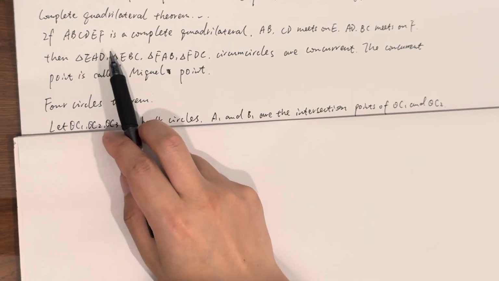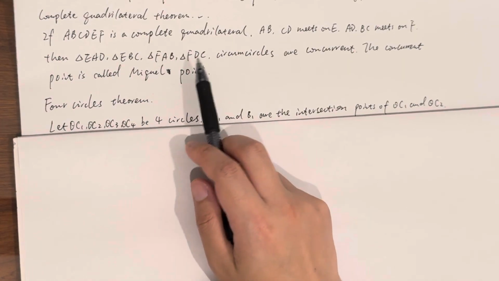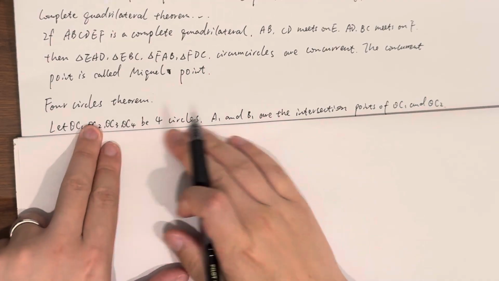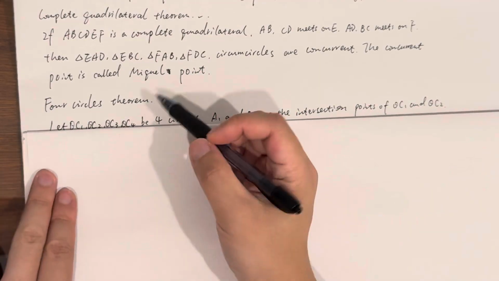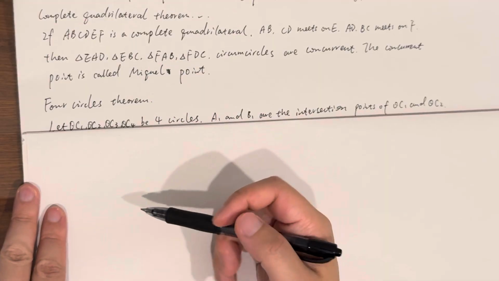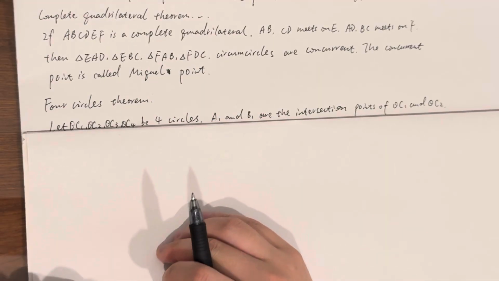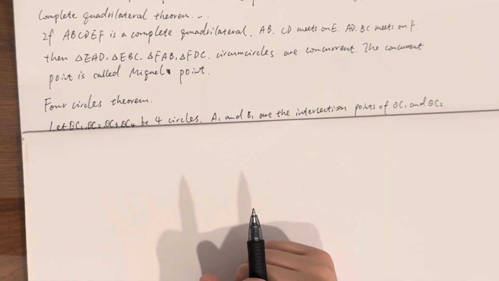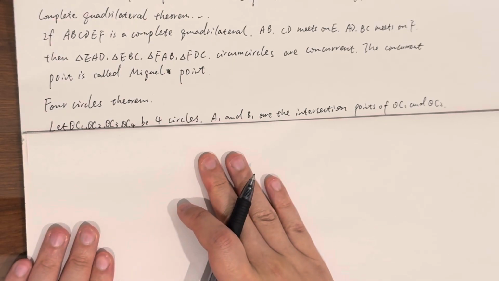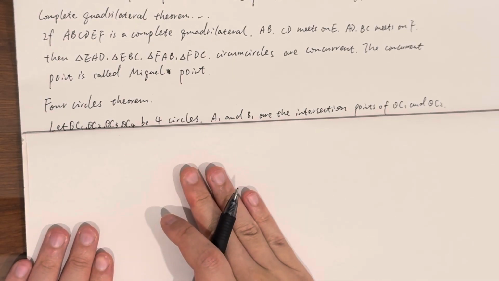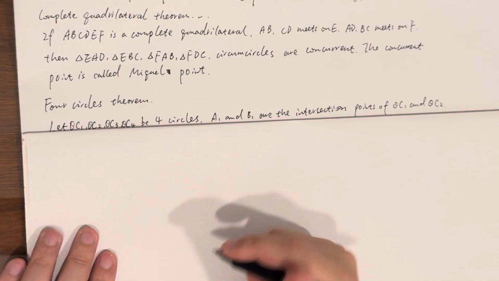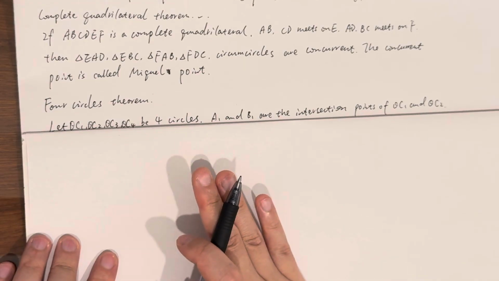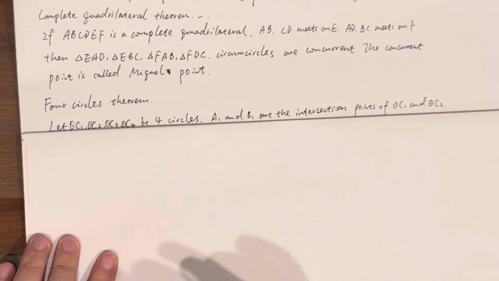If A, B, C, D, E, F is a complete quadrilateral, first of all, we may need to explain what a complete quadrilateral is. A complete quadrilateral means that we have four lines on the plane, and there are no three lines concurrent on the same point.